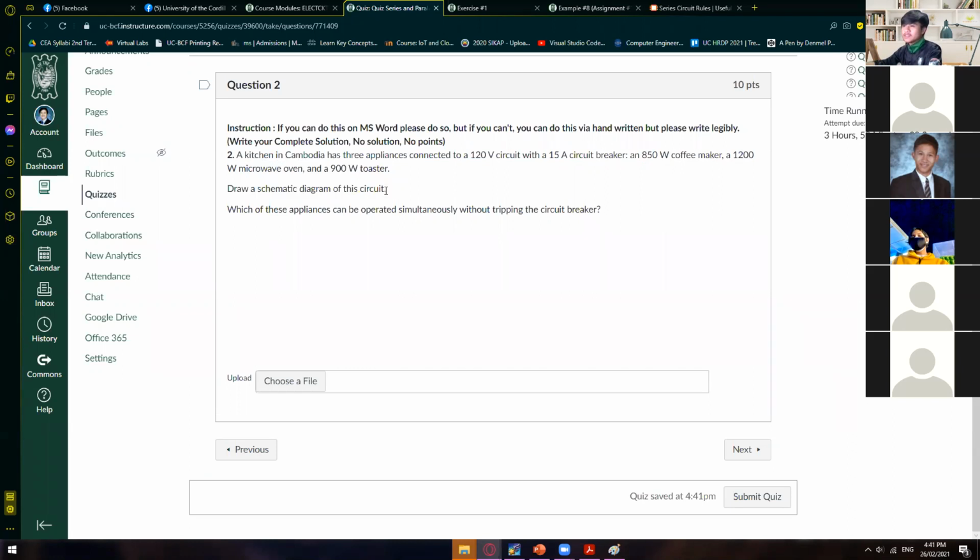This is already 5 points. Another question is, which of these appliances can be operated simultaneously without tripping the circuit breaker? You really need to explain it on your paper or in Microsoft Word. You can do this on Microsoft Word or handwritten. Of course, you're going to upload the file or the schematic diagram in Microsoft Word format.